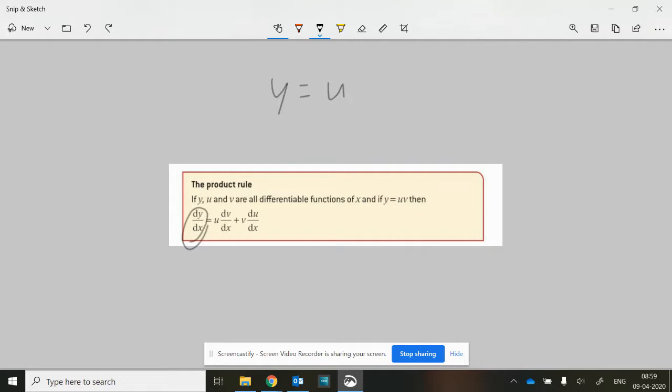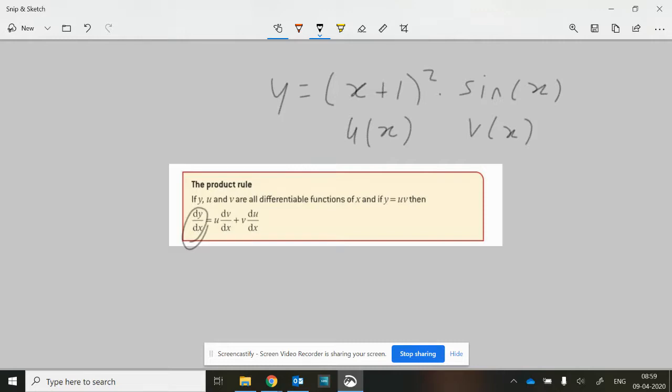What do I mean by that? Say, for example, you could have (x plus 1) squared as one of your functions. That would be your u, or your u of x, because it's a function of x, multiplied by, let's call this one, sine of x, which we don't know how to differentiate just yet, but we will later.